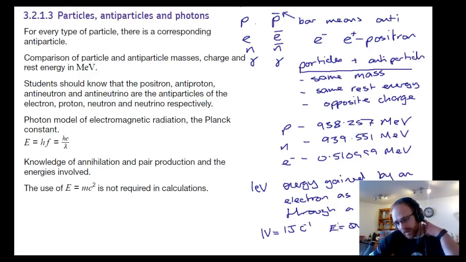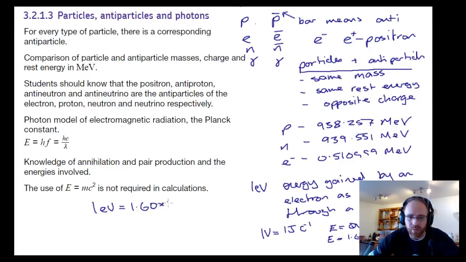If we want to find out how many joules an electron gains, it will be 1.60 times 10 to the power minus 19 multiplied by 1 volt. So that will give us our electron volt in joules. So 1 electron volt equals 1.60 times 10 to the power minus 19 joules, which is really, really small.